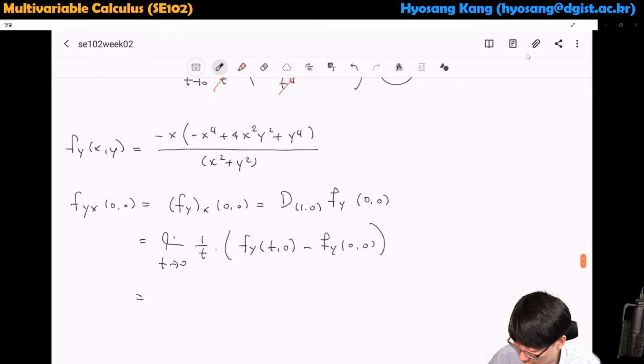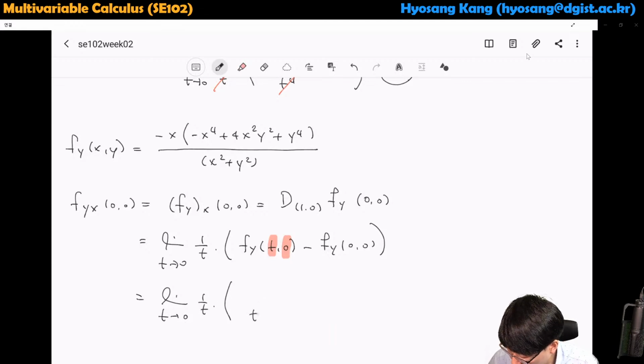So when I plug in x as t and y as 0, this formula becomes, is there a square? Yeah, there's a square here. t fourth and minus t times minus t fourth, and all the y parts disappear. And minus 0.